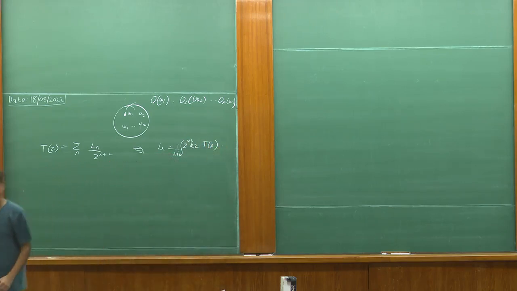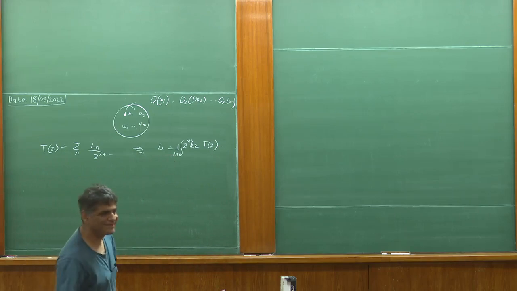This was the inversion if we expanded T around the origin. If we expanded around some other point, z will go to z minus that point.